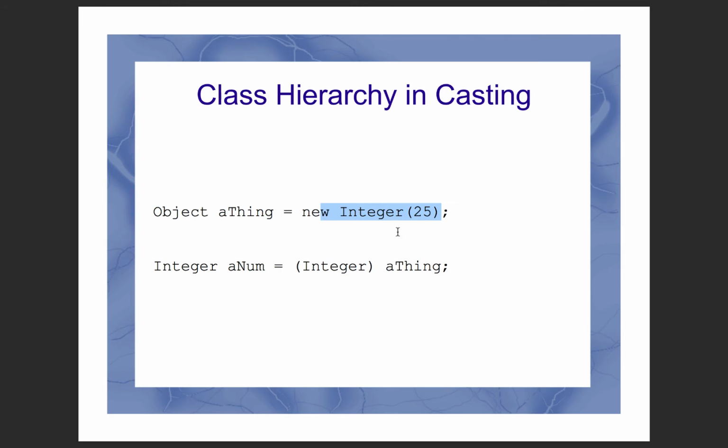Then we can create some objects and do some downcasting to keep them in integers. So this thing is an object type, and this object type is converted to an integer type. Integer type is a subclass of object type. So that is basically downcasting, and we are doing it in an explicit way.